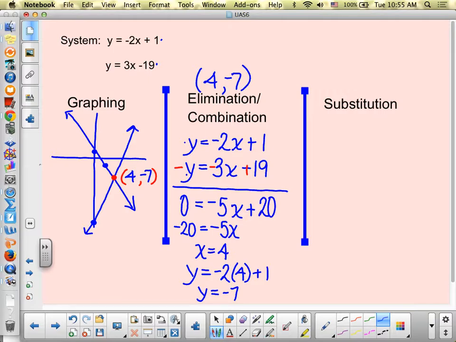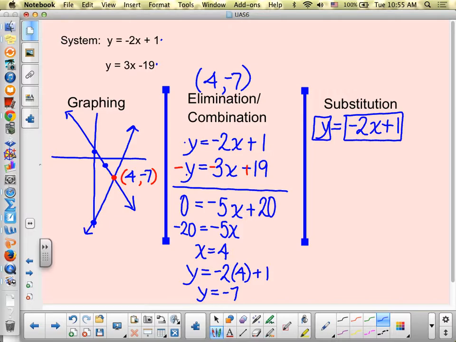Finally, substitution. Substitution allows you to do the same thing, only you would find the ordered pair by a different process. In substitution, your first step was to get one of your equations solved for y or x equals. One variable would be isolated. In this case, I already have one equation that's got one variable isolated, so I'm going to use a replacement value for y as -2x plus 1.